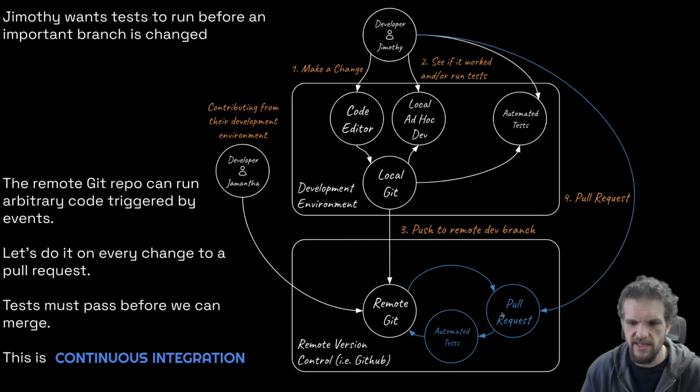And the mechanism for this is to do a pull request. So the developer that's ready to push to production will write a pull request, and any change to the pull request will trigger all of the automated tests to run to see if that pull request can be merged to the main production branch, or if they fail, then it can't be merged, and you'll either have to fix them or someone would have to override that limitation.